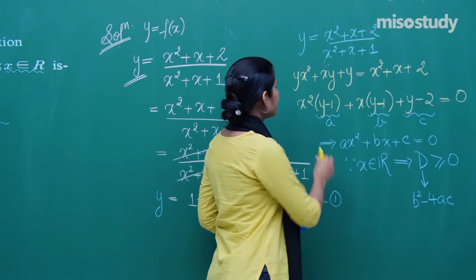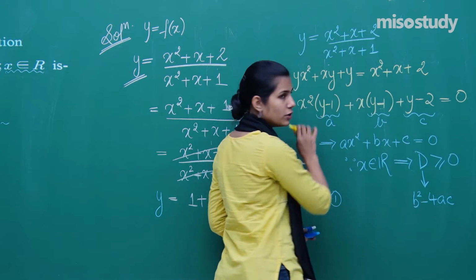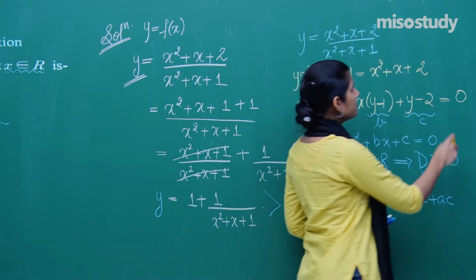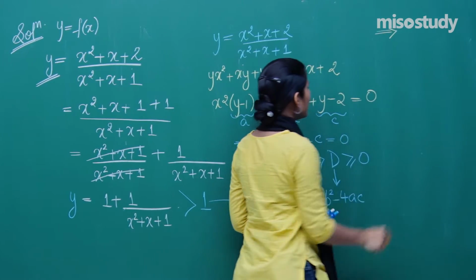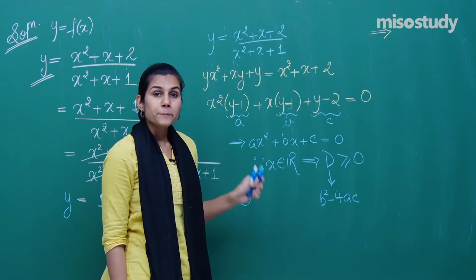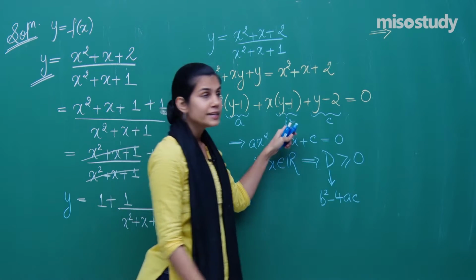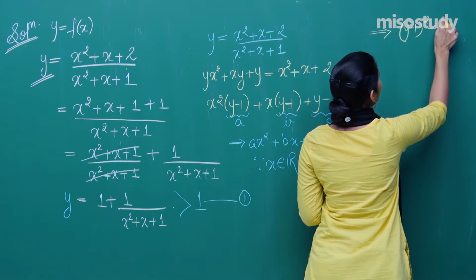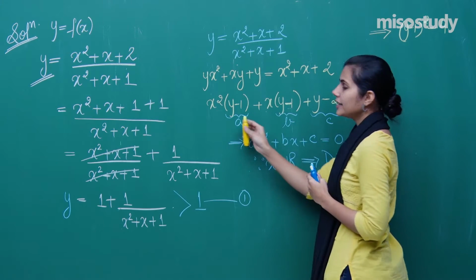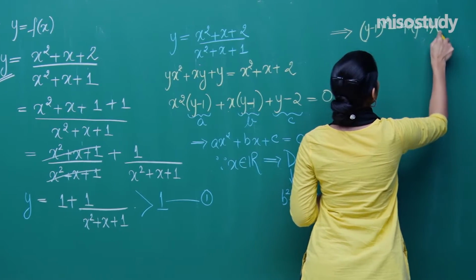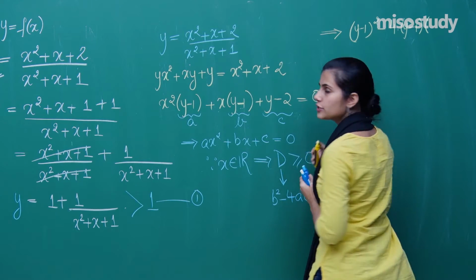And therefore, if I have this expression to be equal to 0, where x is coming from real numbers, this implies the discriminant of this quadratic equation is non-negative, which means b square. So take (y minus 1) whole square minus 4 into a, which is again y minus 1, into c, which is y minus 2.